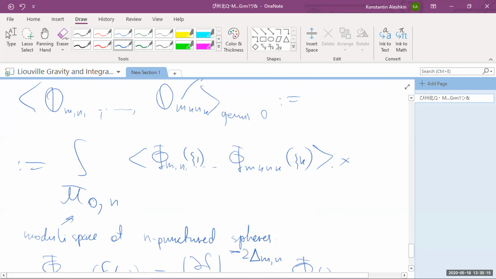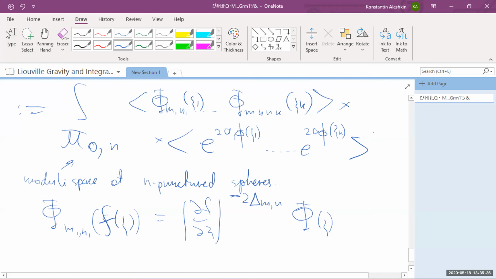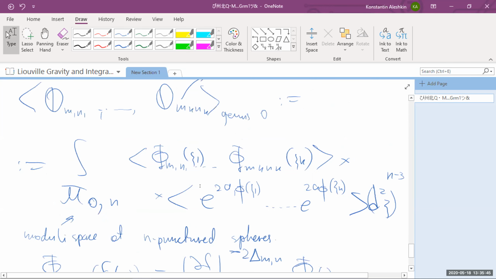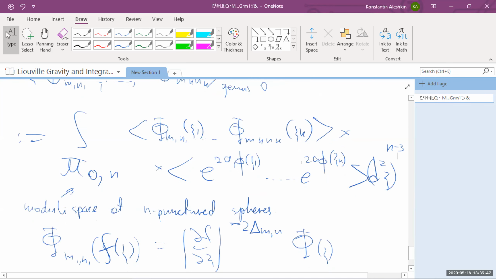And the way to do it is to multiply it by the corresponding correlation function from the Liouville theory, and then take the integral over n-3 insertions, since we live on the sphere and we can fix any 3 points to be, let's say, 0, 1, infinity.